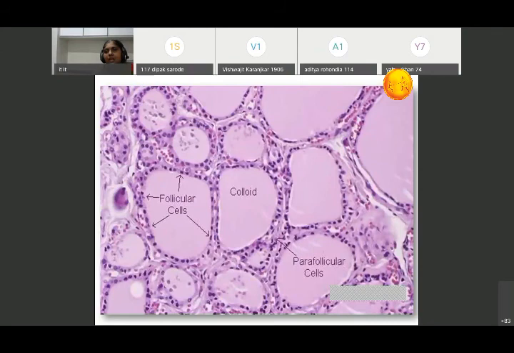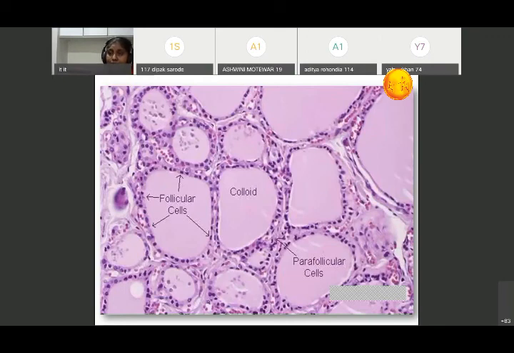Thyroid gland is divided into lobes. Please tell me the histology. These lobes are divided into lobules. These lobules are made up of follicular cells. In the center of the follicular cells there is a central cavity.